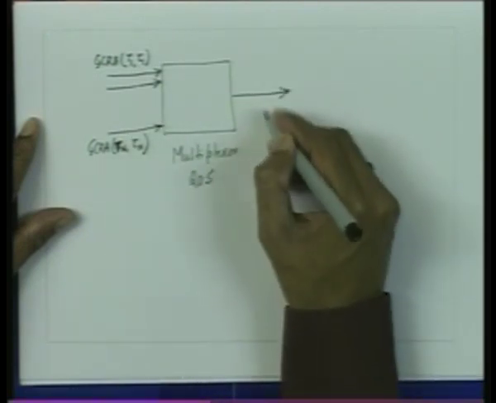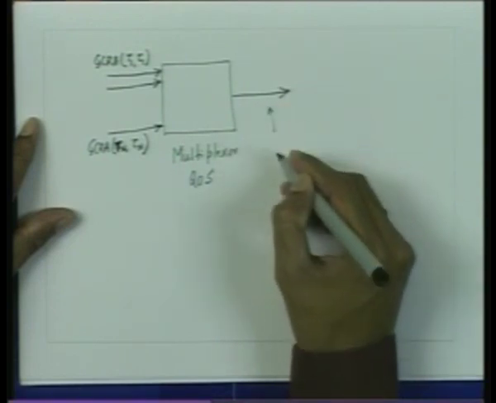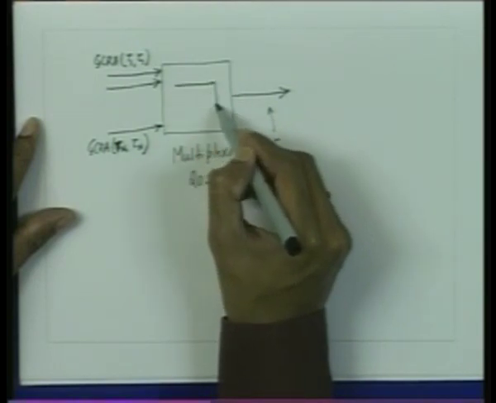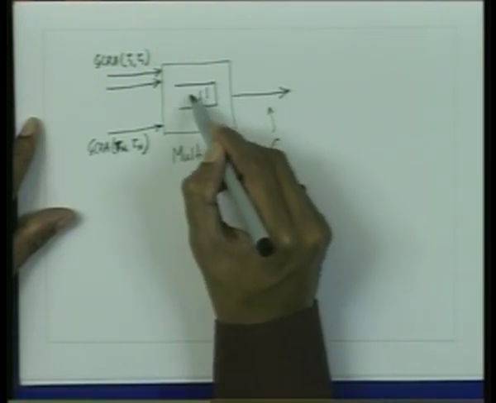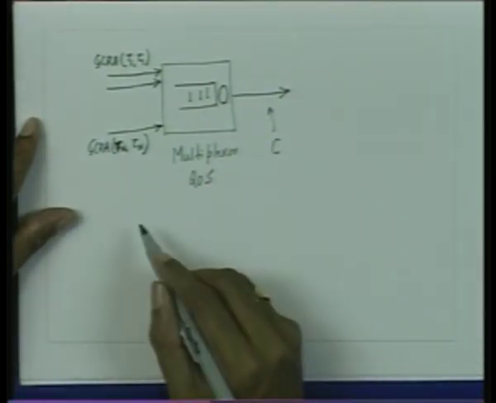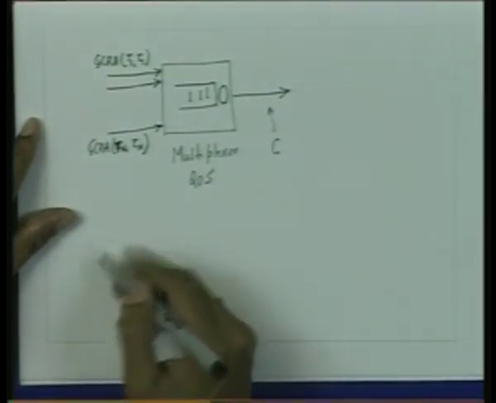Let us assume that this output link has a capacity of C, and that this multiplexer has a buffer and may have a scheduler, which for simplicity may be a FIFO scheduler.